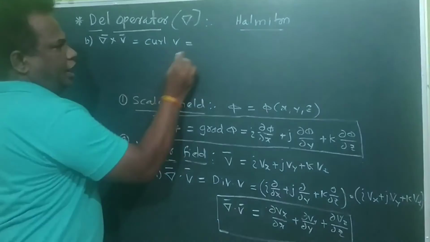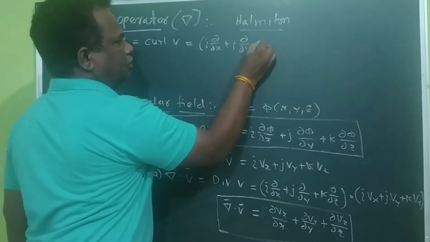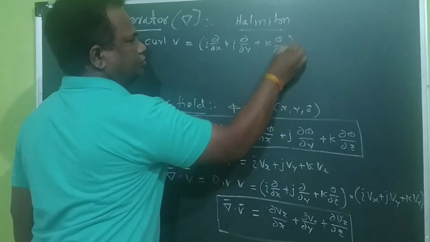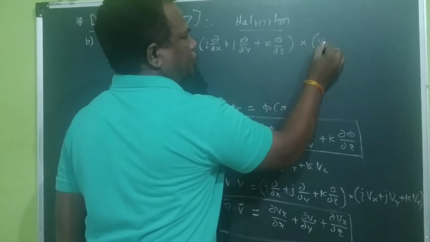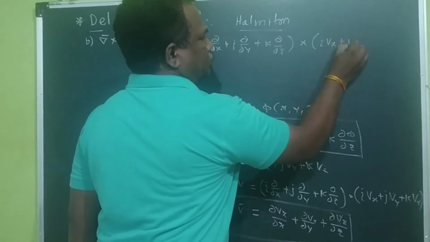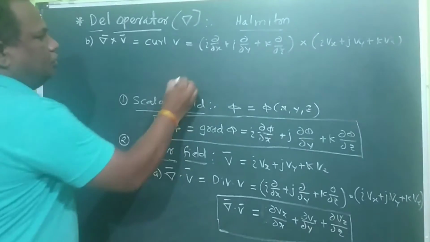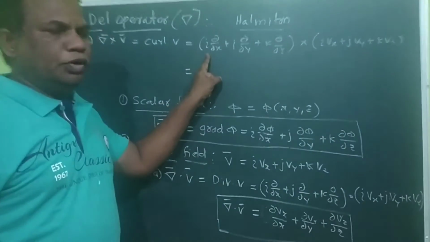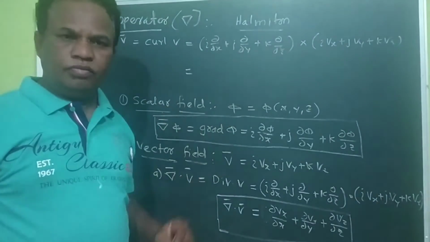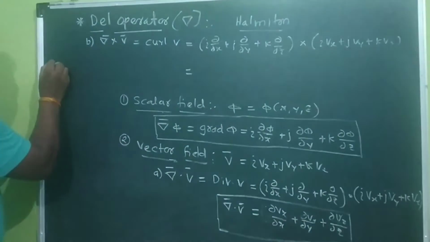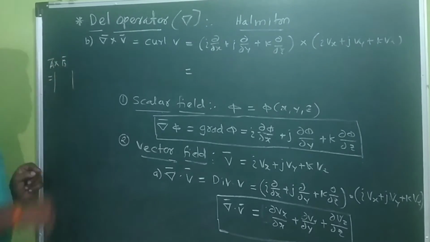We can write the value of del first of all, i ∂/∂x + j ∂/∂y + k ∂/∂z, cross product with V, that is i Vx + j Vy + k Vz. Now, you know that the cross product produces a vector field, which contains i, j, k, and like we have already calculated a bar cross b bar, this gives rise to a determinant.